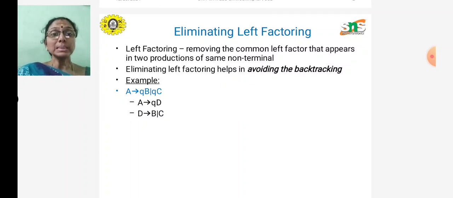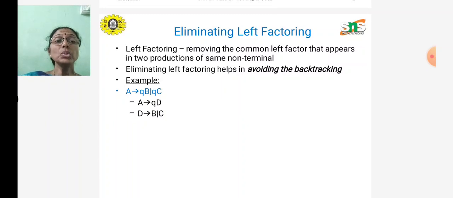For example, consider the grammar A tends to QB or QC. Here the first symbol Q is common, so we have to factor out the common part from the two productions for the same non-terminal using a rule.